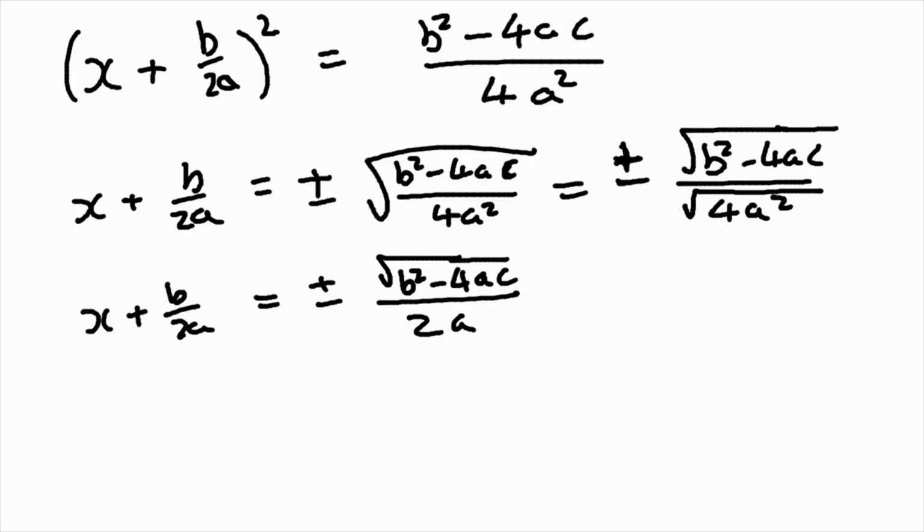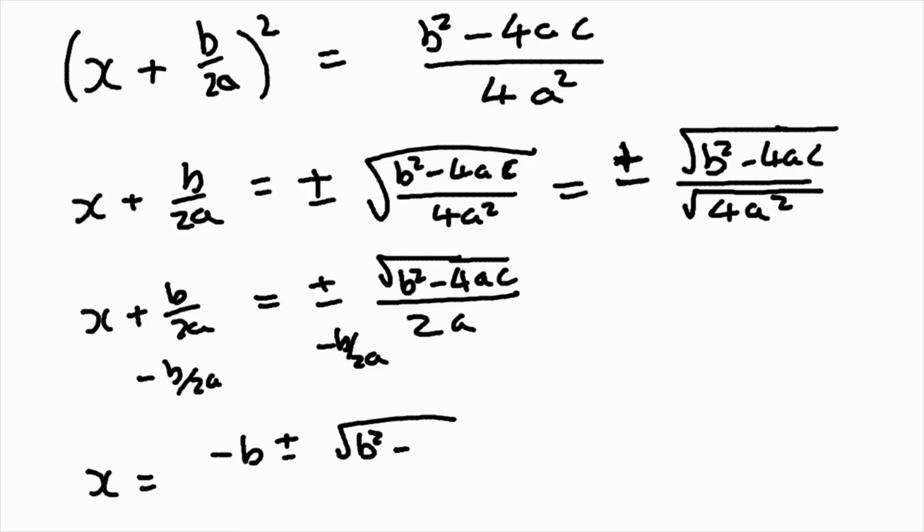Our final step would be subtracting b over 2a from both sides. So x equals minus b plus or minus the square root of b squared minus 4ac all over 2a, where I've just simplified the fractions.